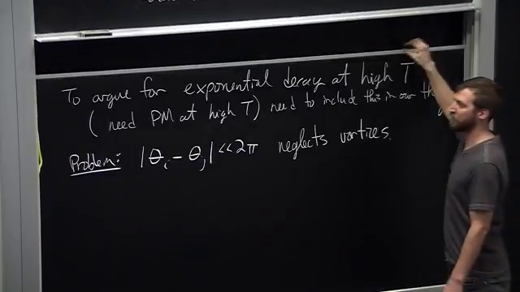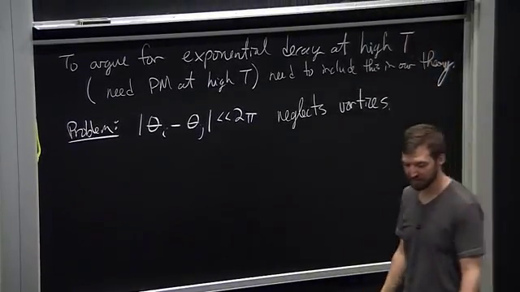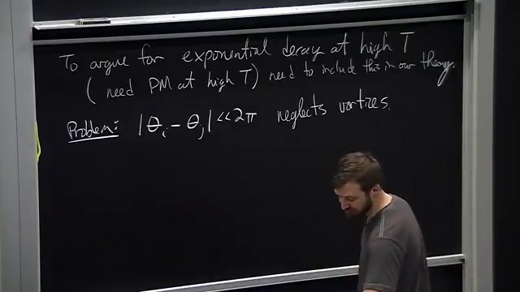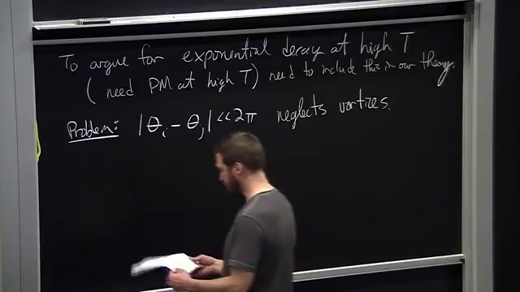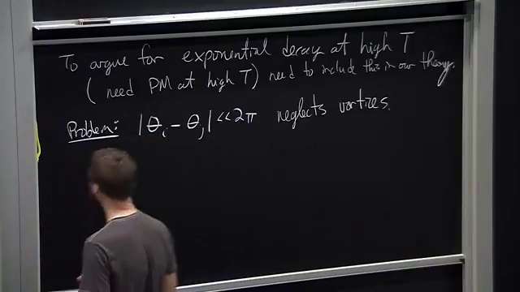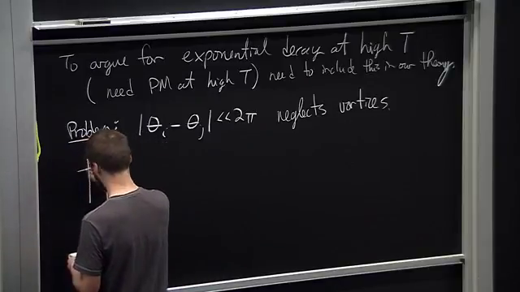And what we're trying to argue for is that we need those vortices in order to describe the Kosterlitz-Thouless transition. So a vortex is a configuration of the order parameter that winds around, like I drew up there, winds around a point in space.